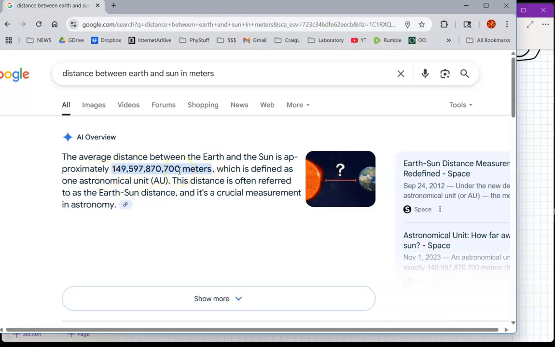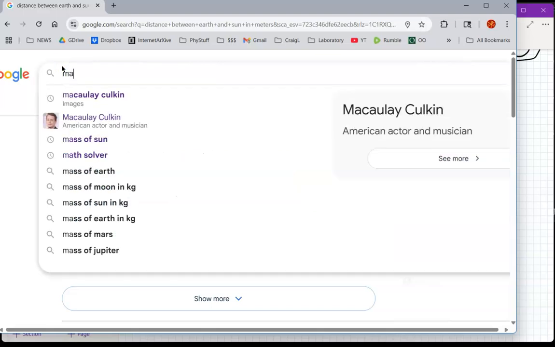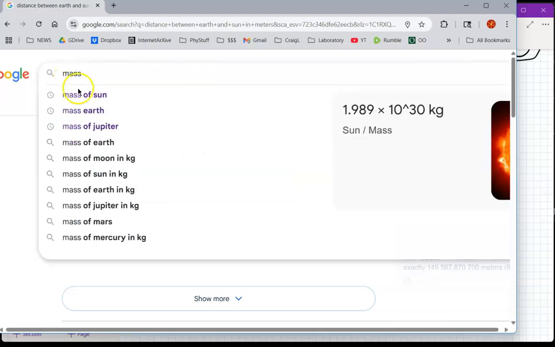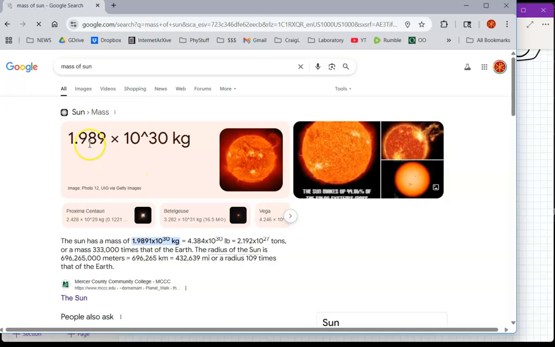It boils down to what I have just shown you, 1.5 times 10 to the 11. We can also look up the mass of the Sun, and it gives you more precise values, 1.989, that's almost 2 times 10 to the 30.